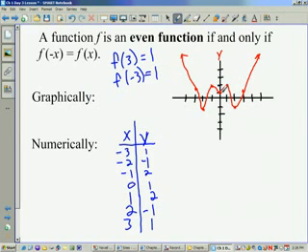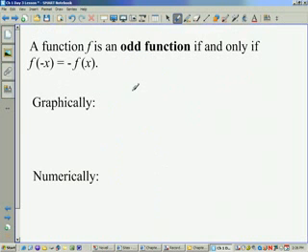And 0, 1, there is no -0, so that works out. Now, algebraically, we know that these two graphs have all of their exponents being even. So if we ever look at a function, we'll know that all of the exponents should be even.